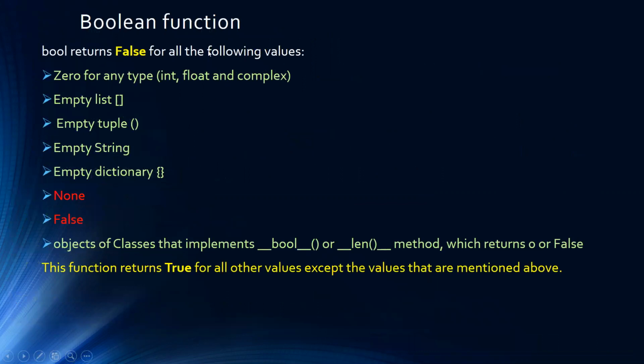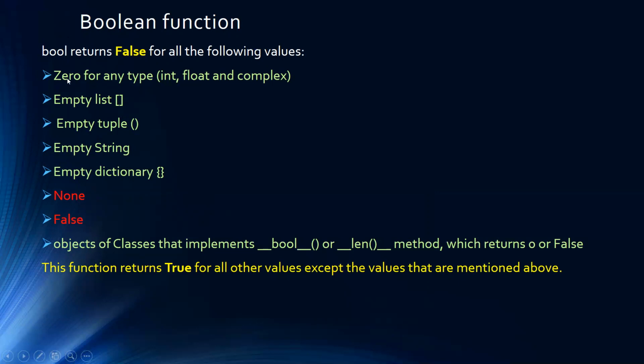Now, Boolean function. So, guys, you need to understand that a Boolean function actually returns you two values, whether it is false or true. So, if you see these scenarios, in these scenarios, all the time, bool is actually a function, and bool returns false.